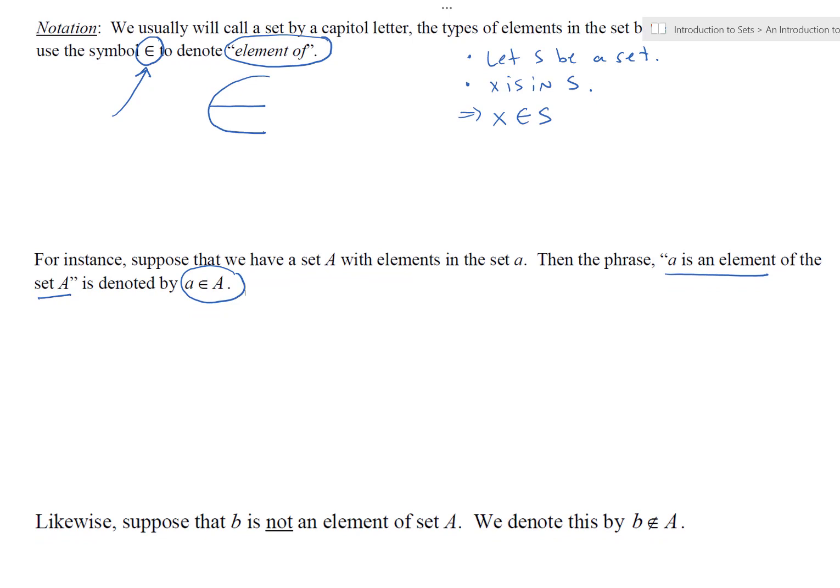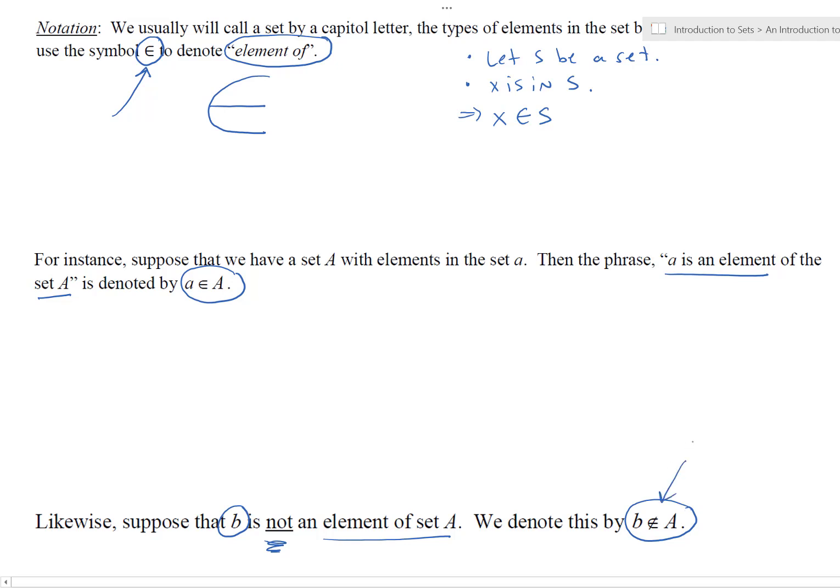Now, what if we had something that was not in a set? For instance, what if we got this variable b, number, object, whatever it is, and it is not an element of the set A? Correspondingly, we would write b is not an element of the set A. So what do you do?